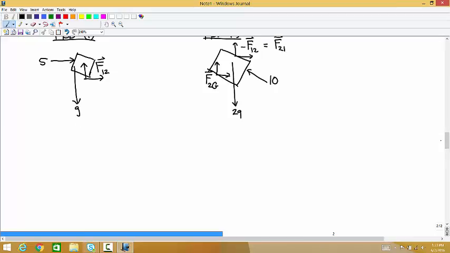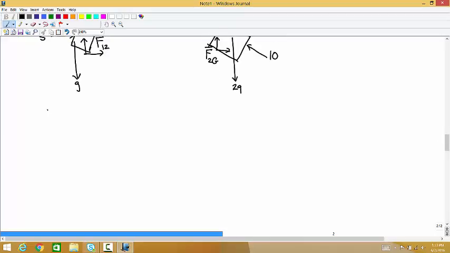Okay, so let's do an example problem that brings some of these things together.